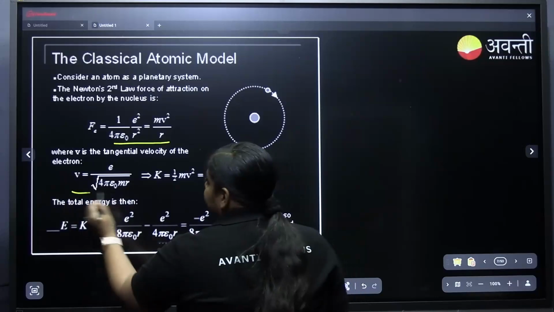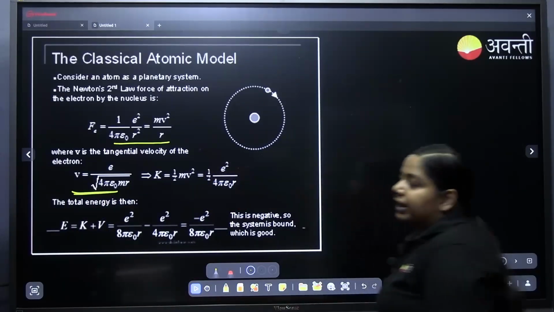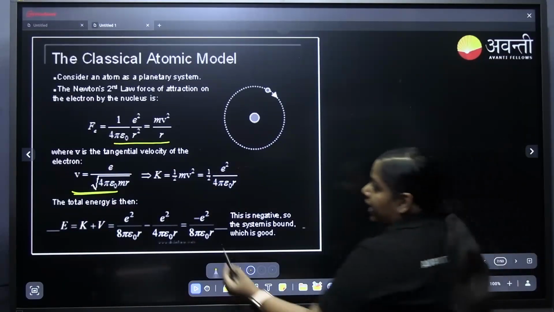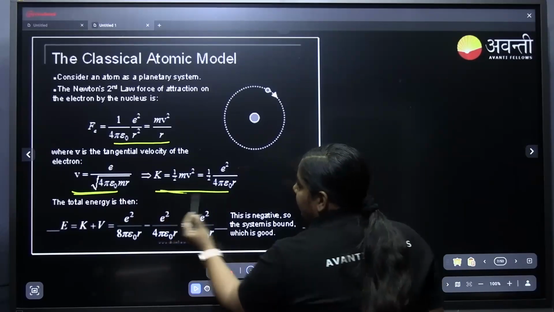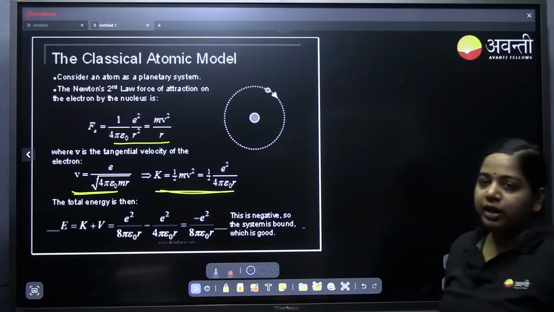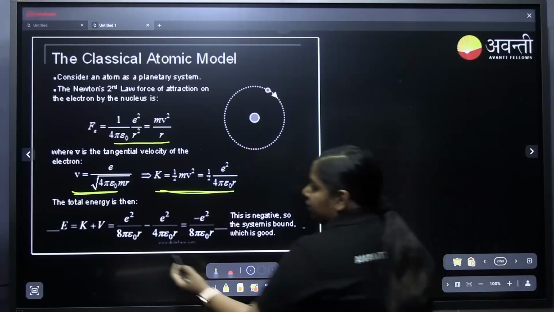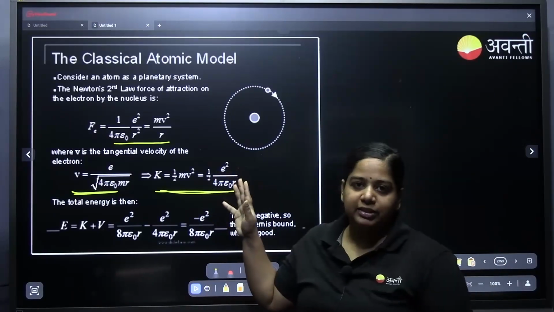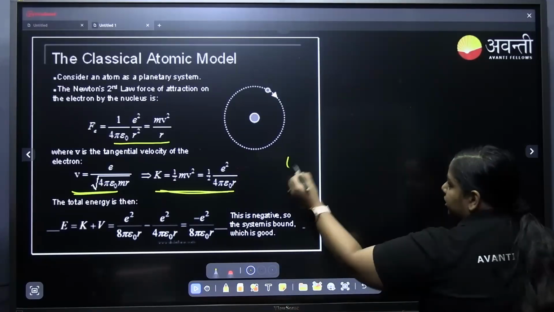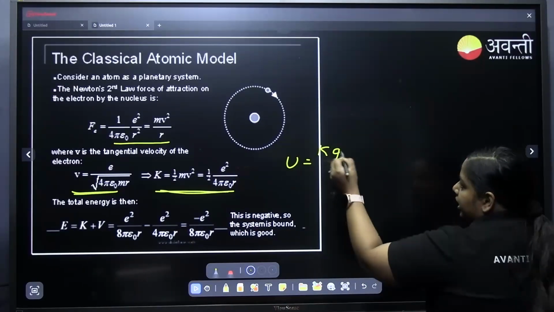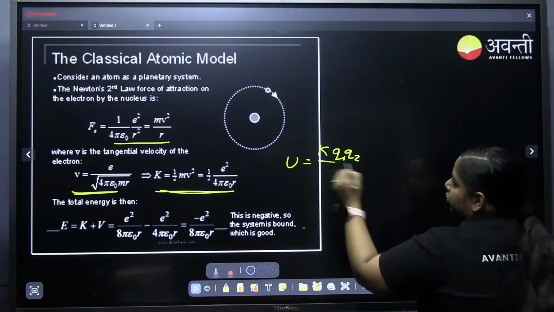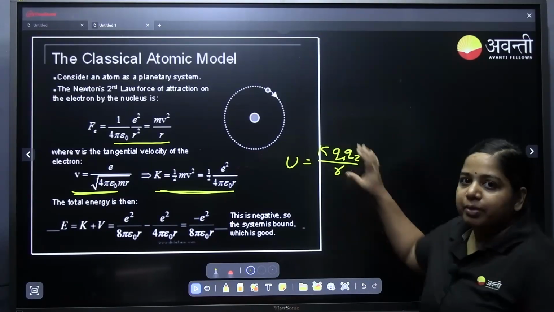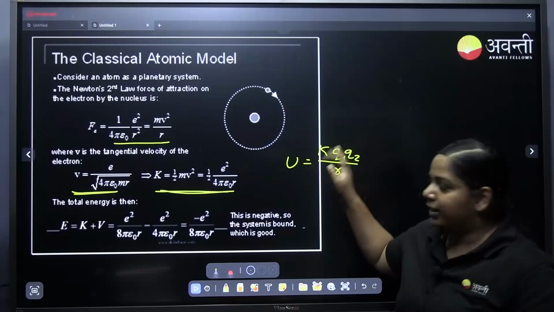From this we will get the velocity of the electron in the orbit, and substituting that we will get the kinetic energy of the electron. If you know the kinetic energy, you can already find the potential energy, because the potential energy is just k q1 q2 by r. From this equation you can find the potential energy.